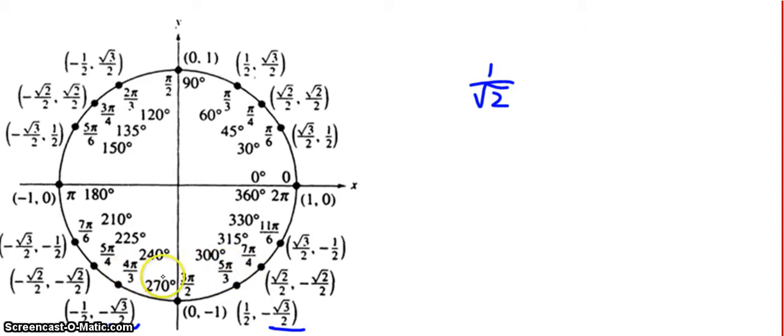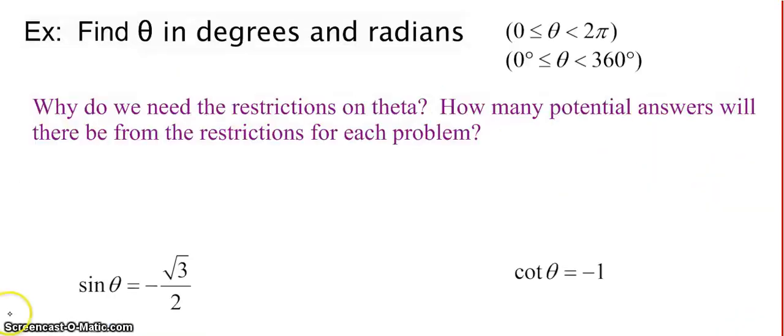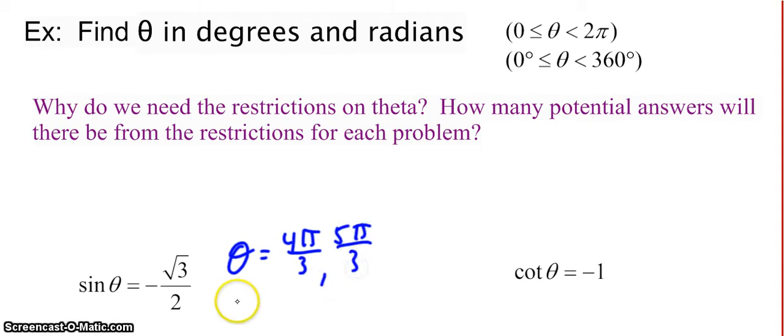That is 4 pi thirds and 5 pi thirds, and 240 degrees and 300 degrees. So here I'm going to say theta equals 4 pi thirds and 5 pi thirds, or theta equals 240 degrees and 300 degrees. That's it.